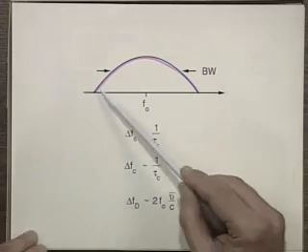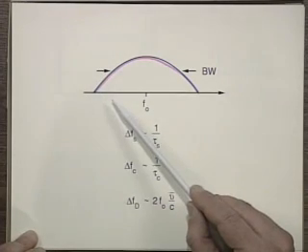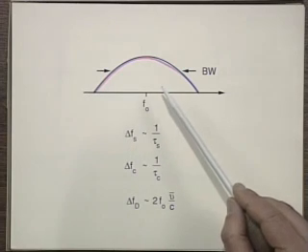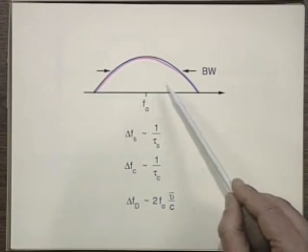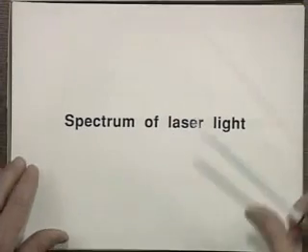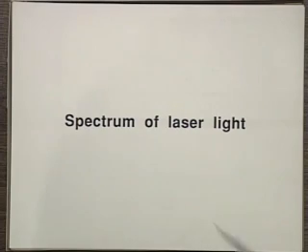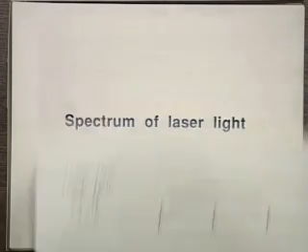But in any case, we're going to have a certain width. And now let's see what can happen because we have this width. So in fact, this is the width that determines the spectrum of laser light. All right. So let's then do a little review here.